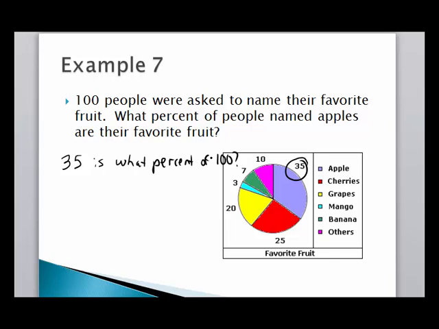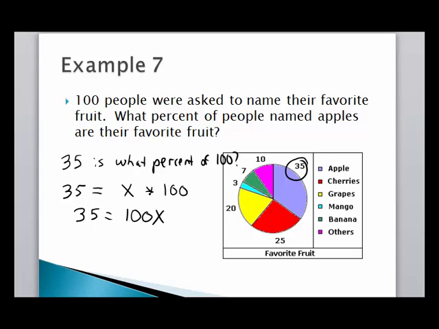And so again, we can translate the words of the problem into an equation. 35 is, we're going to write 35, and in place of the is, we're going to put an equal sign. What percent? We'll let that be x, since that's what we're looking for. The of translates into multiplication, and we have our 100. So basically our equation looks like 35 is equal to 100x, and we need to solve this equation for x.